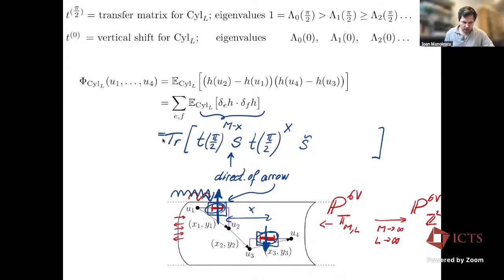Let me also mention that you don't like this kind of expression because there are too many matrices here. There's the matrix T, the transfer matrix, there's the matrix S, and there's the matrix S tilde.